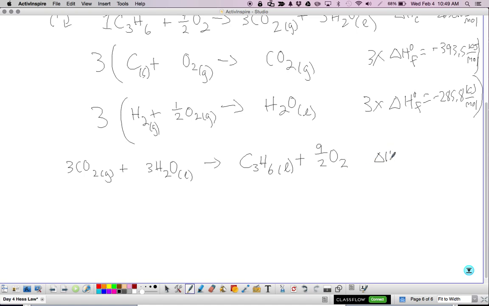And delta H, because I flipped the sign, is 2058.0 kilojoules per mole.